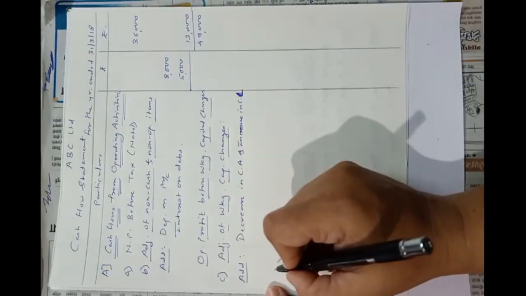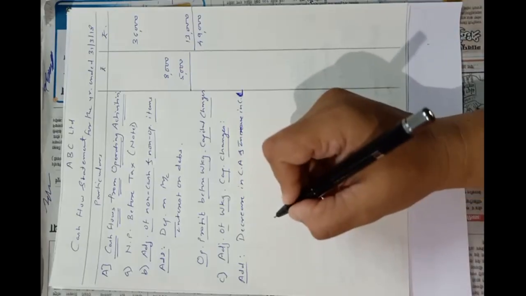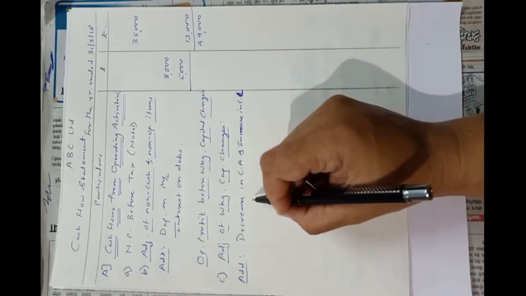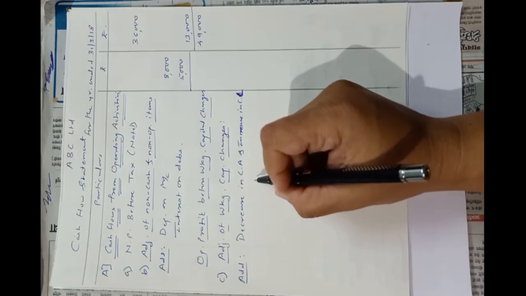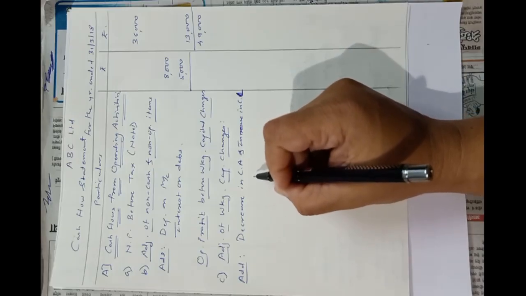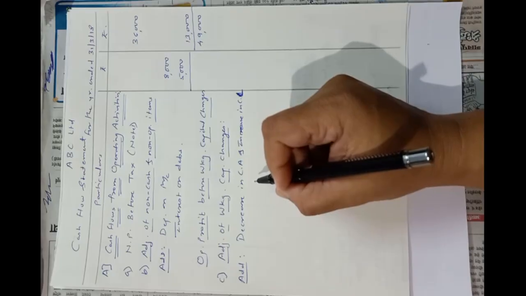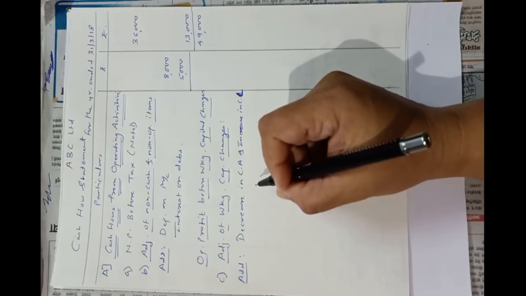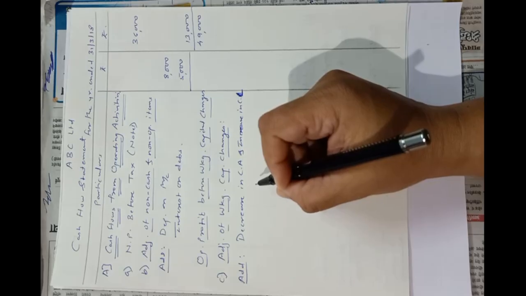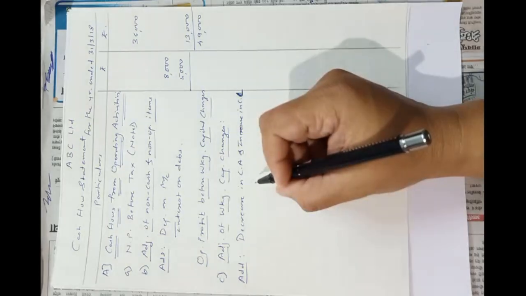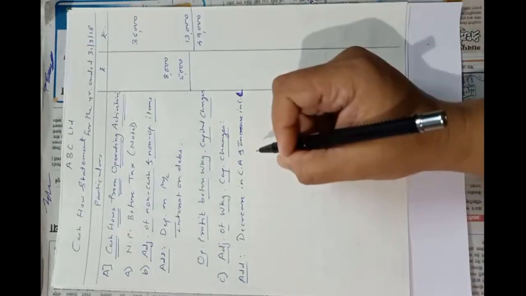Okay, so see in the problem, if there is any decrease in current asset, there are current assets, current investment, inventory and cash equivalents. Current investment is a part of cash and cash equivalents. There is increase in inventory, so no decrease in current asset.